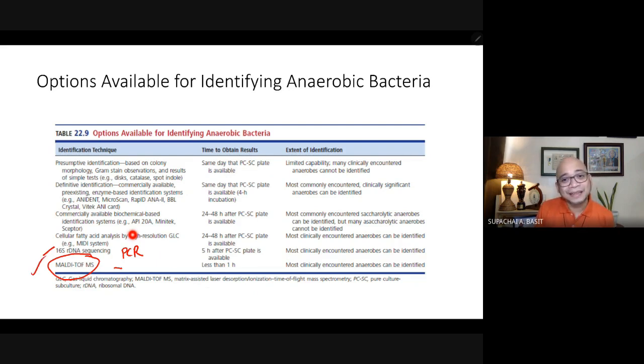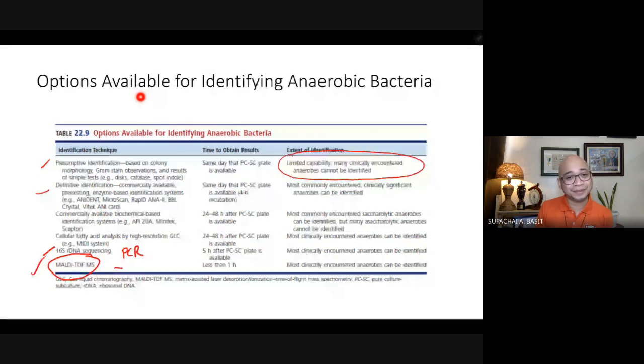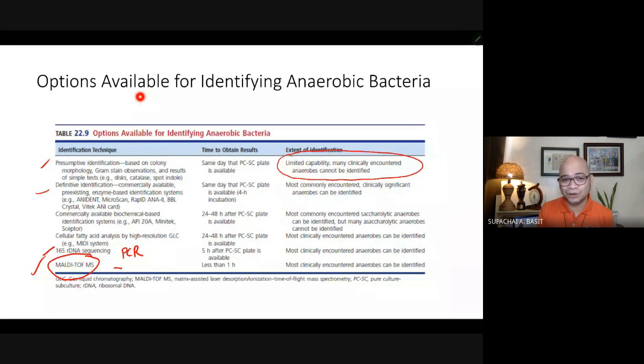But there are some presumptive identification. The one that we discussed a while ago has limited capability, so many of the clinically encountered anaerobes cannot be identified. For definitive identification, some labs would simply purchase commercially available kits or card systems, such as the Iniden, RapidD, BBL, Vitek, and so on.